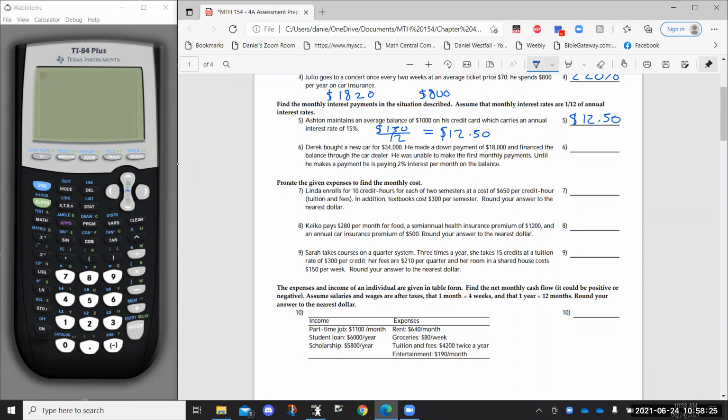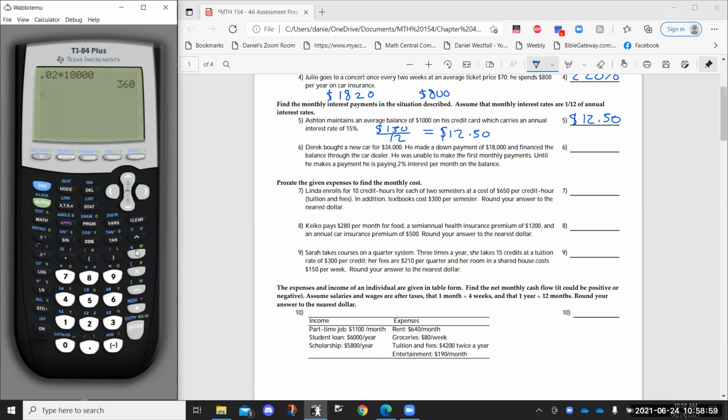Then we've got 2% of $18,000. It's going to be 360.